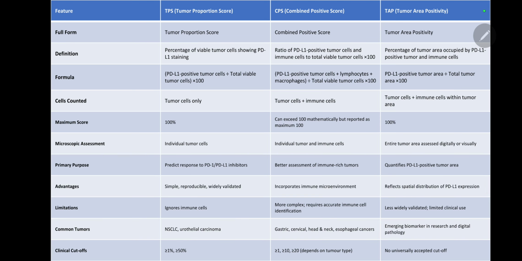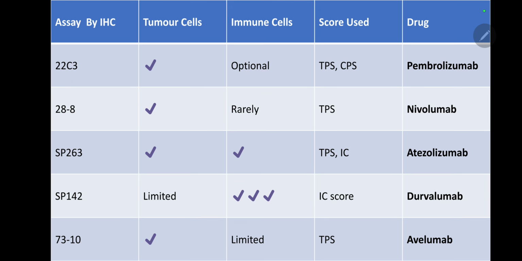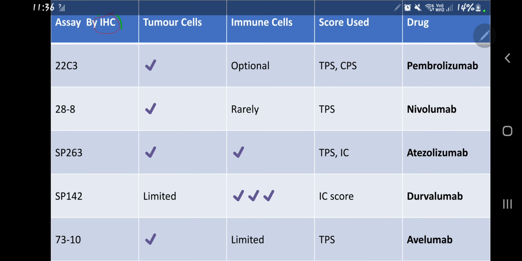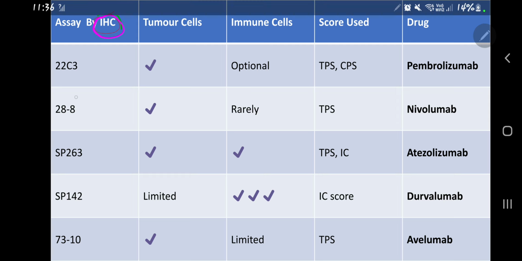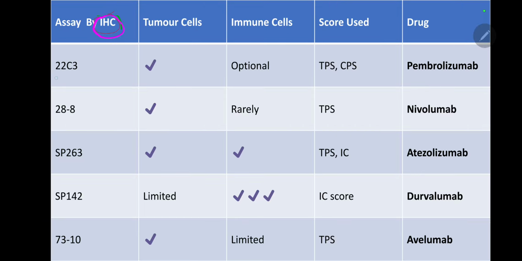Okay, so first of all we need to know how PDL1 is tested. There are many IHC-based assays. We use IHC to detect how the immune therapy will work and what the PDL1 level is. In IHC they use many types of probe: 22C3, 28-8, SP263, SP142 and the 73-10 assay.